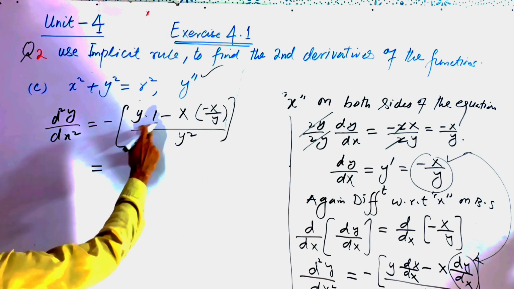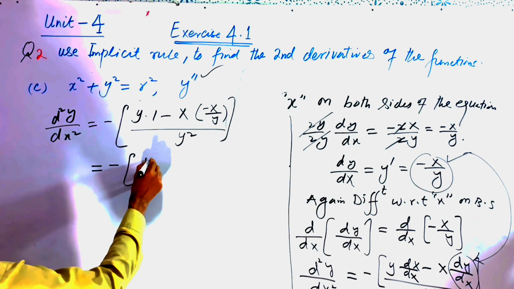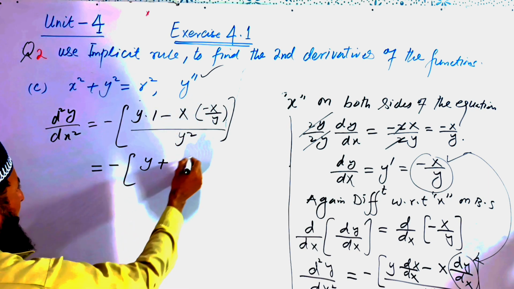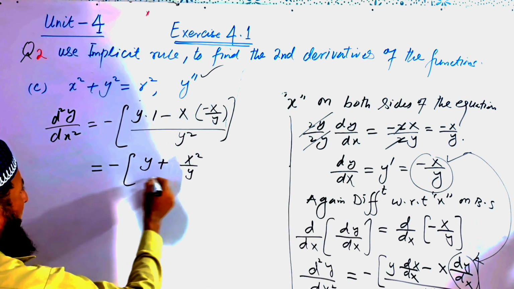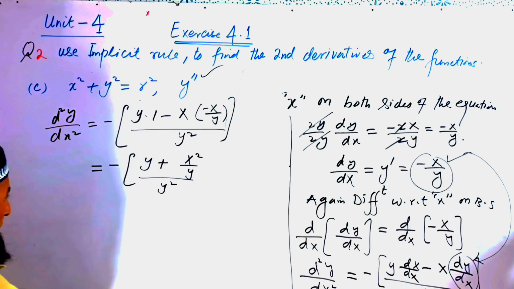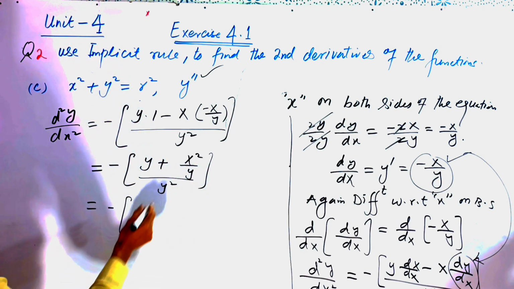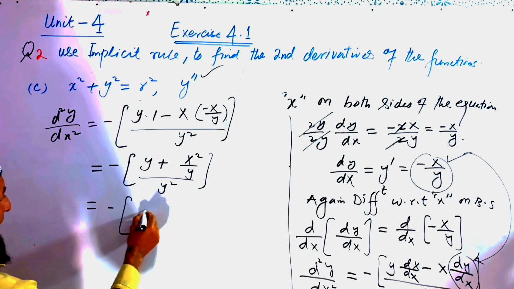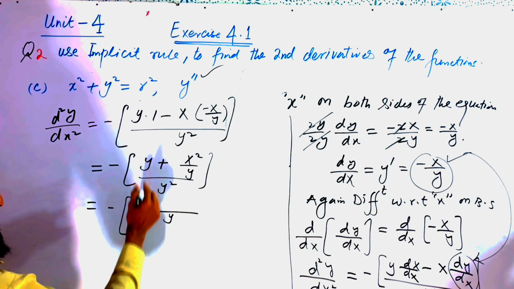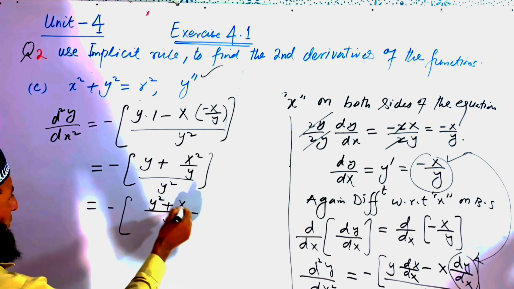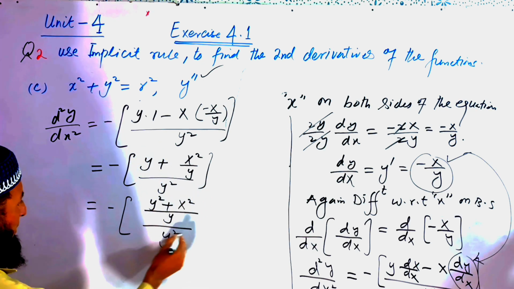Now we can simplify this result. Minus minus gives plus x multiplied by x over y, divided by y square. Now we take the LCM: y is the LCM, so we get y multiplied by y square plus x square, divided by y square.